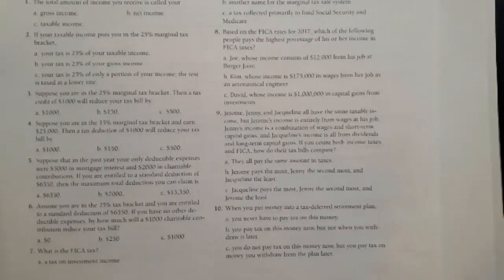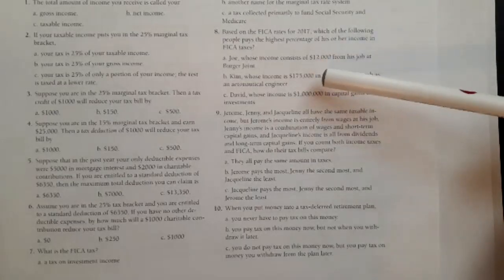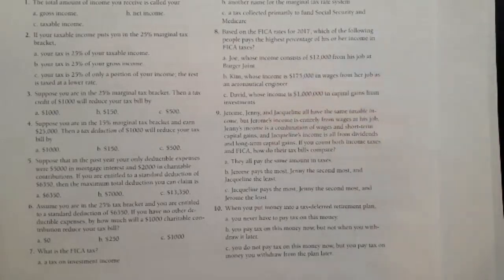One of them's making $12,000, and she's making $175,000. So she would pay the most. They ask what is the highest percentage, which is a little bit weird. I don't really like this question. It seems to be the same either way.